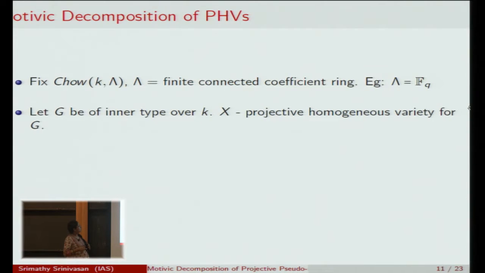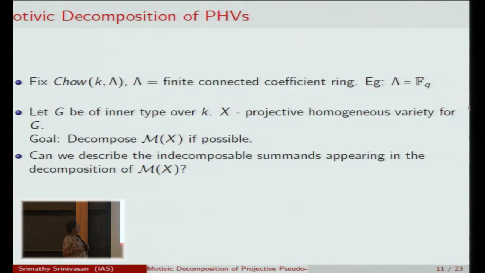Okay, and from now on G is going to be of inner type over K, and X denotes a projective homogeneous variety for G. So the goal is to decompose the motive of X. Okay, how do we decompose the motive of X? Is it decomposable first of all, and so on. Okay, and how do we describe the indecomposable summands appearing in the decomposition of the motive of X? And again, another question is, is the decomposition unique first of all?